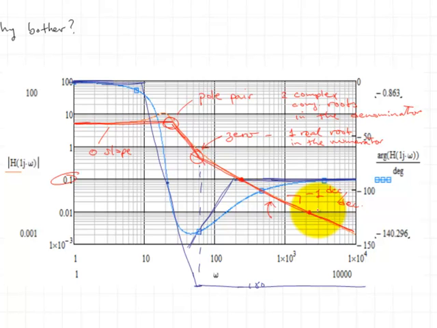In other words, for every factor of 10 that you'd increase in frequency, you will decrease in magnitude by a factor of 10. In this region here, it is a slope of -2 decades per decade. And of course, down at the low frequency, it's a slope of 0 decades per decade.